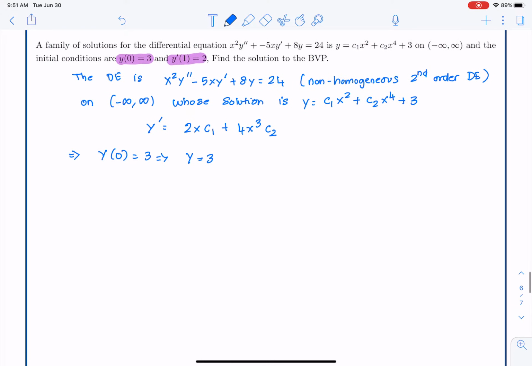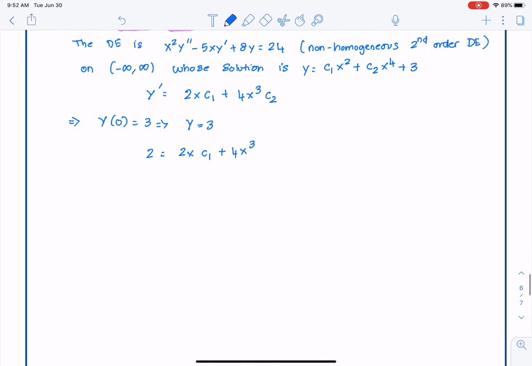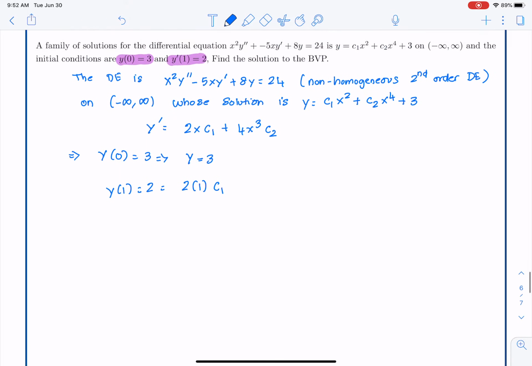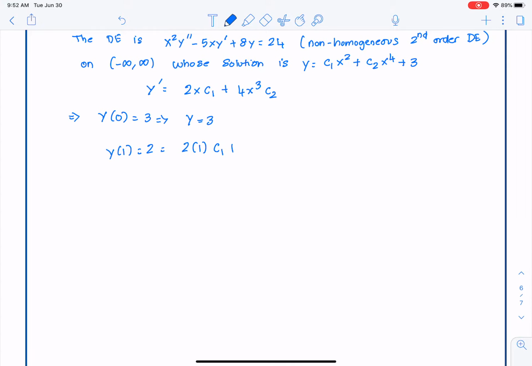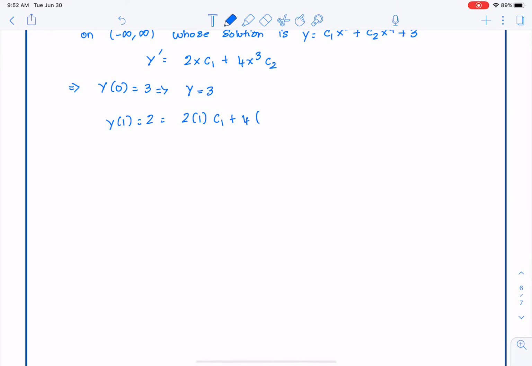Y prime of 1 is 2, so 2 would equal 2x c1 plus 4x cubed c2, and we are plugging it at 1. So 2 times 1 c1 plus 4 times 1 c2 would equal 2.